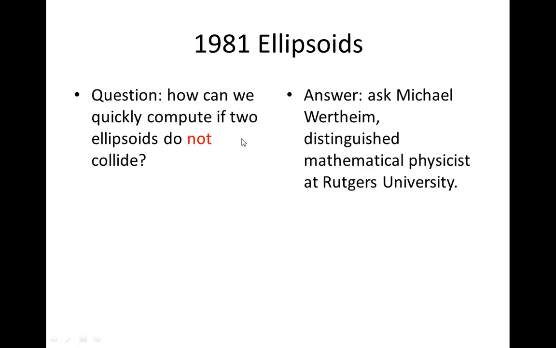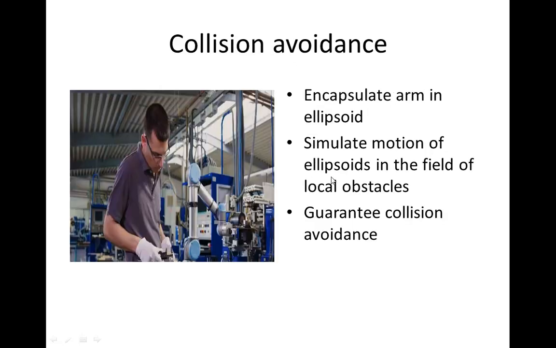So in 1981, I asked the question, how can we quickly compute if two ellipsoids anywhere in space do not overlap? And the answer to that is ask Michael Wertheim, a distinguished mathematical physicist at Rutgers University in New Jersey. So, collision avoidance.